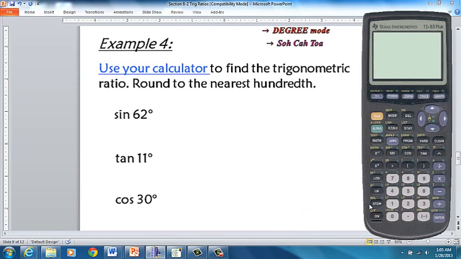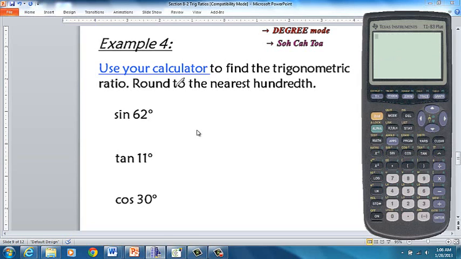Here's my calculator. And to set my calculator in degree mode, when you turn it on, you go to the mode button. Hit the mode button, and if you go down to the third line, it says radian or degree. You're going to arrow over and hit enter so that degree is highlighted, and then you're done in degree mode.